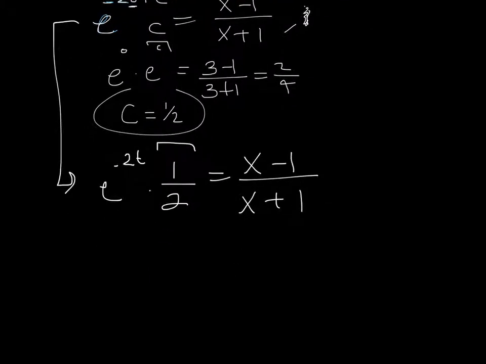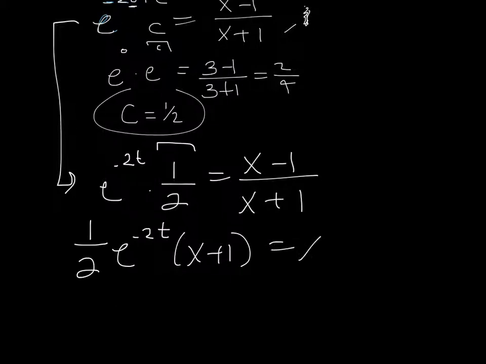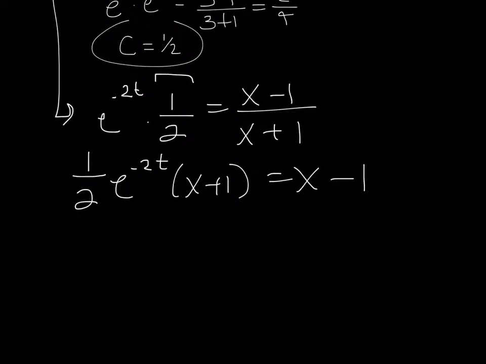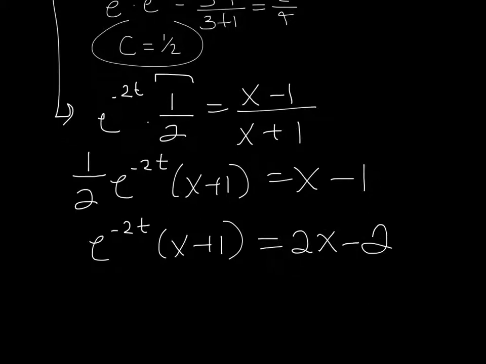Okay, so let's cross multiply. We really have 1/2 e to the negative 2t times x plus 1 equals x minus 1. And let's multiply by 2 to make it look nicer. And if I multiply by 2 to the right, I get 2x minus 2.